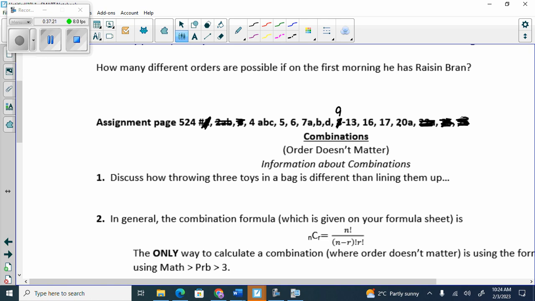Do those. And then we'll talk about using the P permutation button too after.